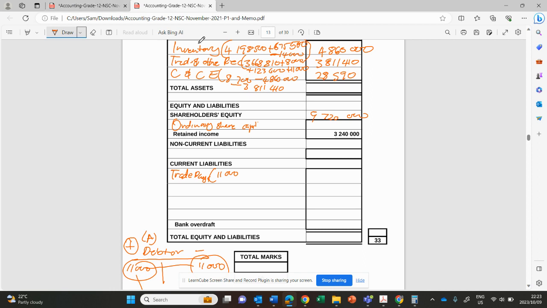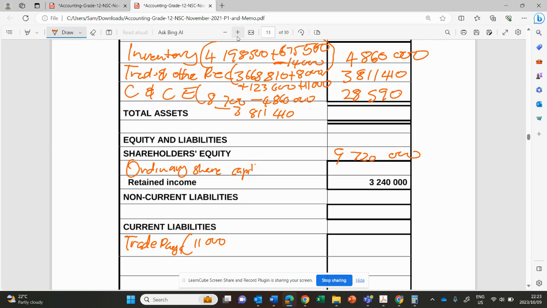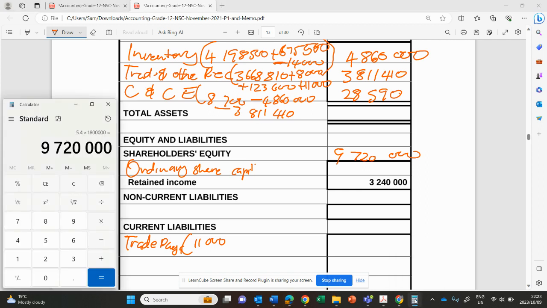Then the difference will give you the ordinary share capital. So minus 3,240,000, then you get 6,480,000.